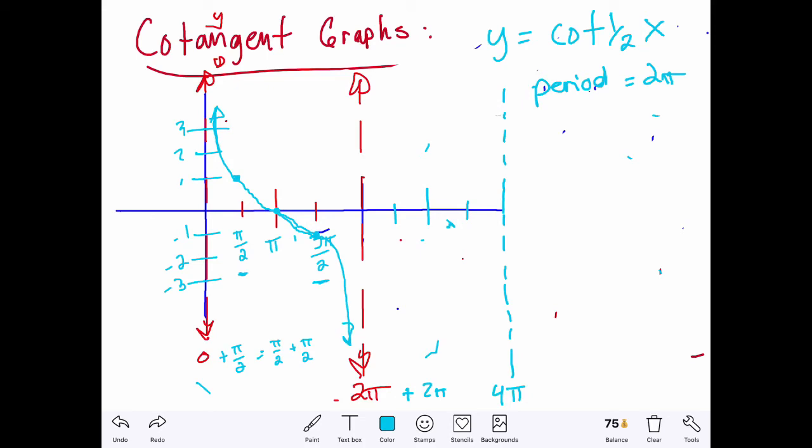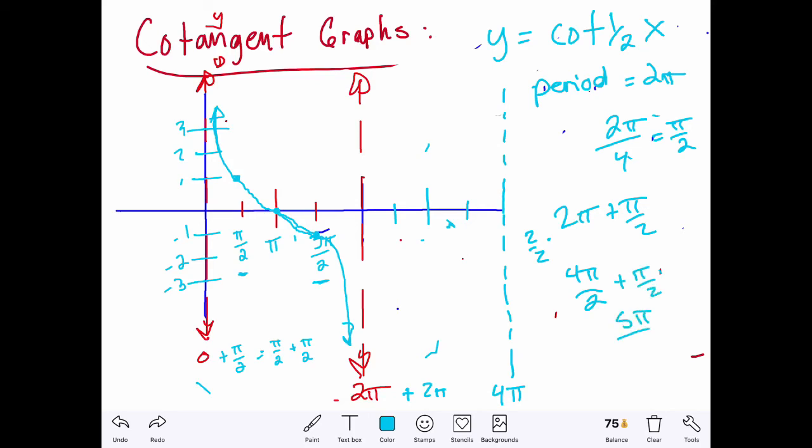Okay, and then how much did we add each time? Well, 2 pi divided by 4, pi over 2. And I'm going to add that pi over 2 each time. 2 pi plus pi over 2 times 2 over 2, that'd be 4 pi halves plus pi halves, and that's 5 pi halves, and so on.